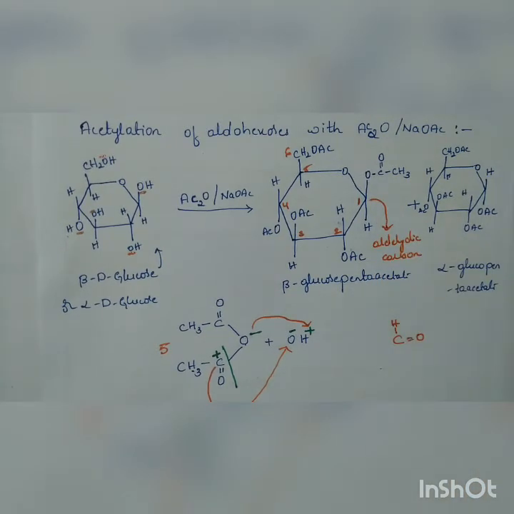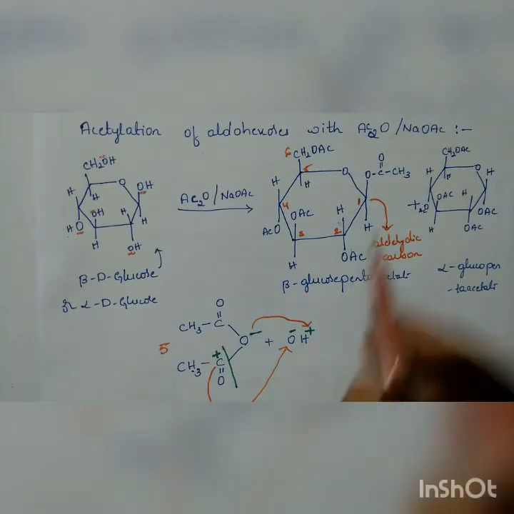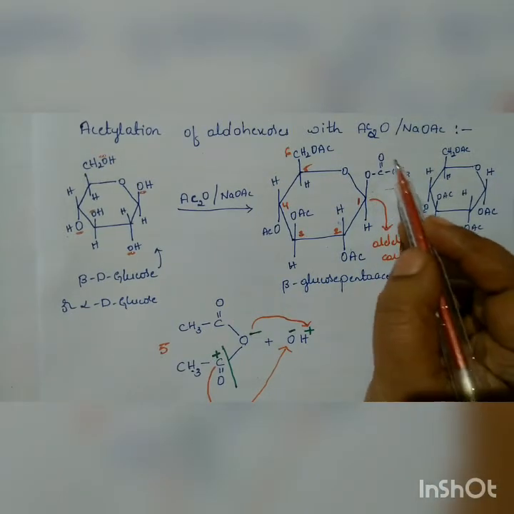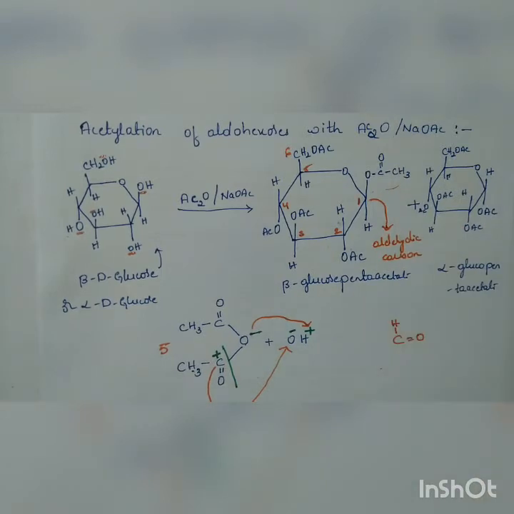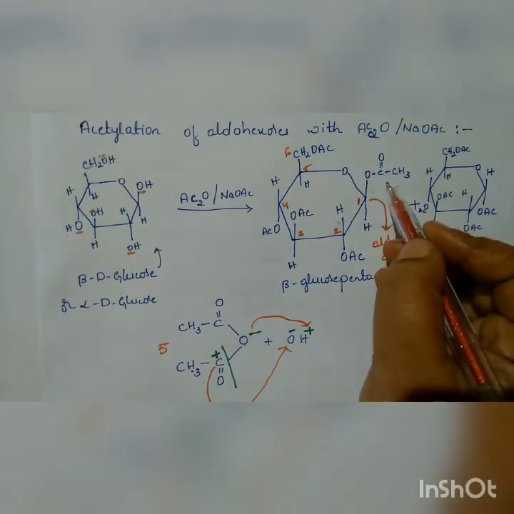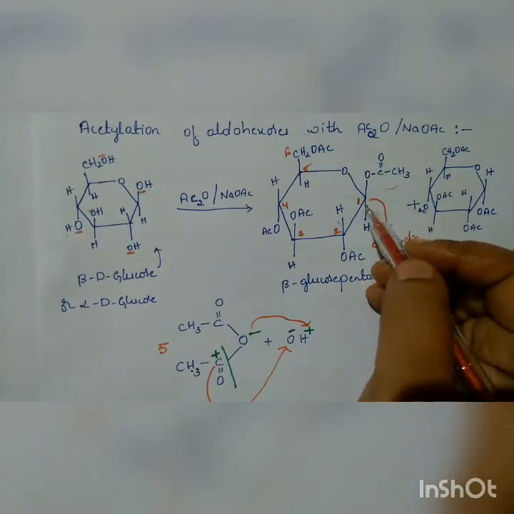When we wrote our straight chain compound, we didn't write the acetate group for the aldehydic carbon. We wrote it only for the secondary alcoholic groups and the primary alcoholic group, that is second onward: second, third, fourth, fifth and sixth. All those will have acetate groups except the aldehydic carbon.